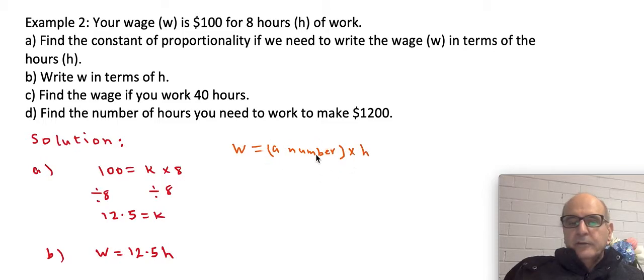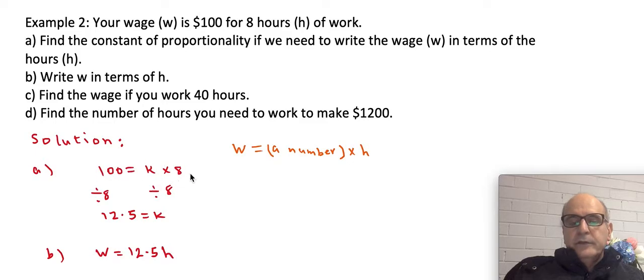This is the constant of proportionality. So what we do, they told us your wage was $100, so I write this $100 for W, then equals the number. The number is constant of proportionality. I called it K here. K, then times the number of hours. For $100, you worked 8 hours, so times 8.